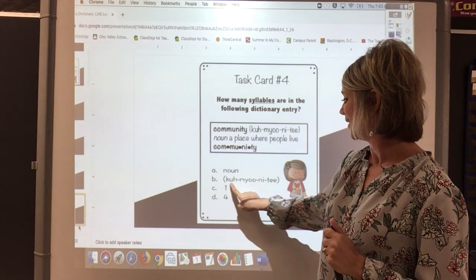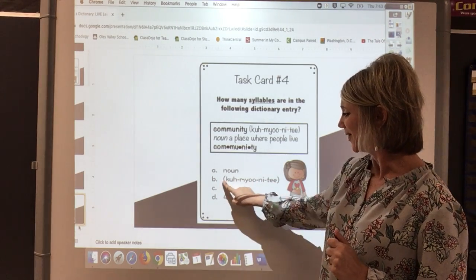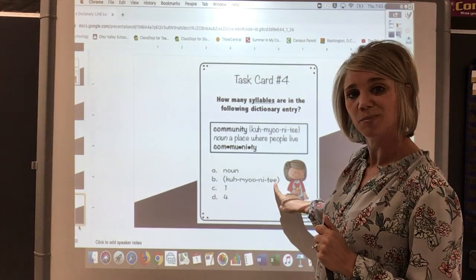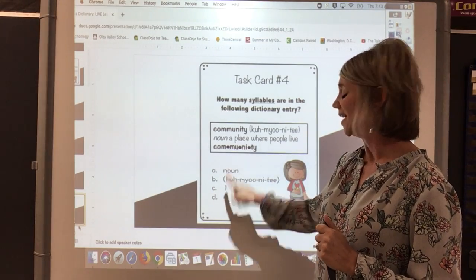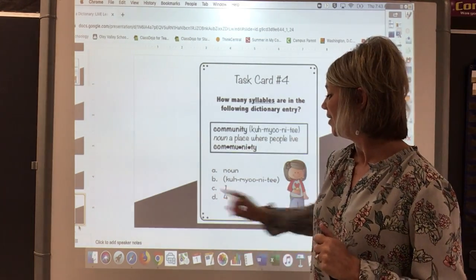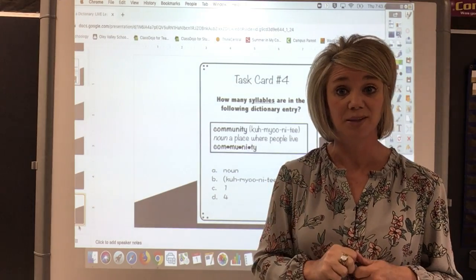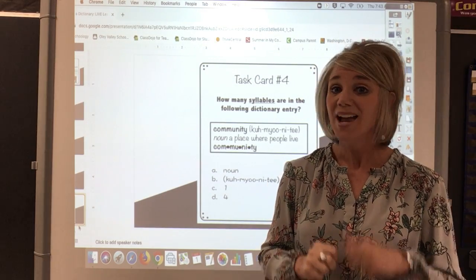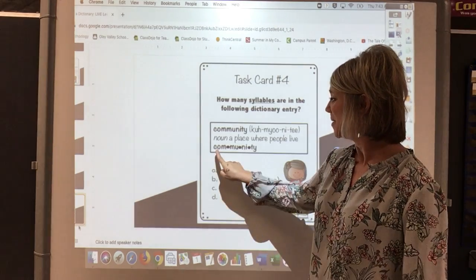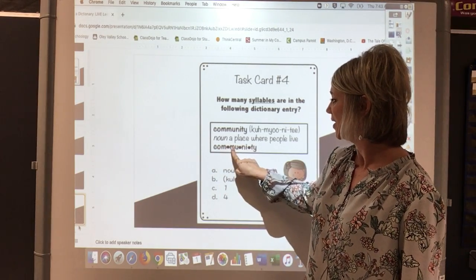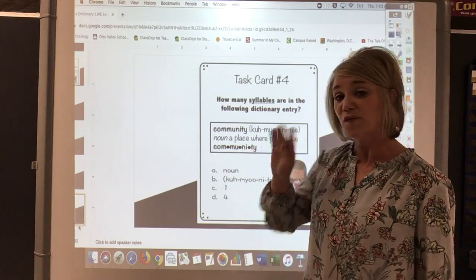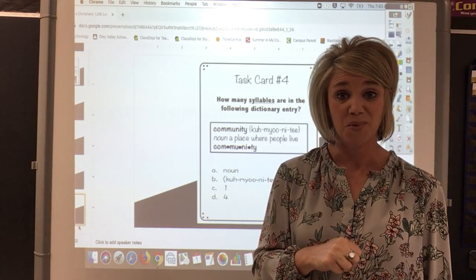Does B, this stuff in the parentheses, does that show you how many syllables? C, does it have one syllable? Or D, 4 syllables? I hope you said 4 syllables because here we see 1, 2, 3, 4 different parts in that word.